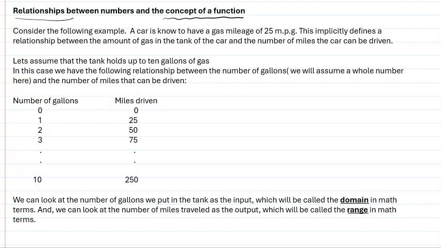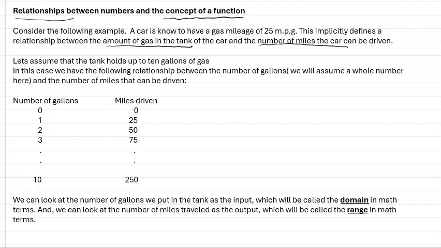So let's consider the following example. Very simple, we're all familiar with. A car is known to have a gas mileage of 25 miles per gallon. This implicitly defines a relationship between the amount of gas in the tank and the number of miles the car can be driven.